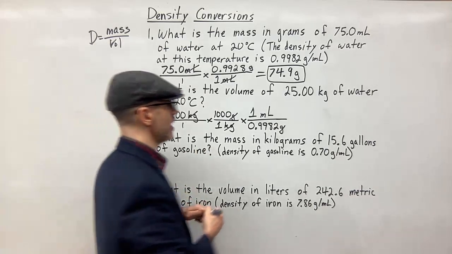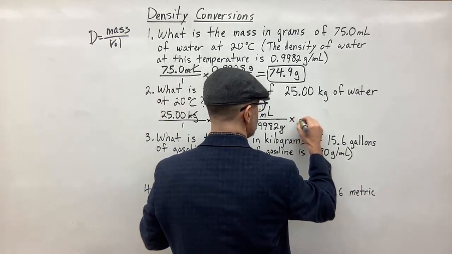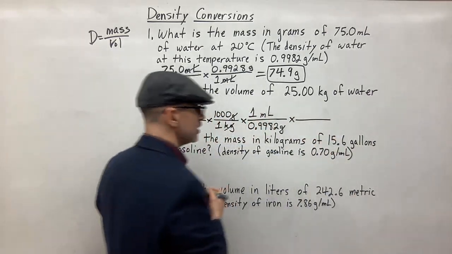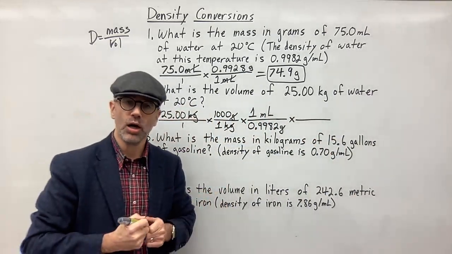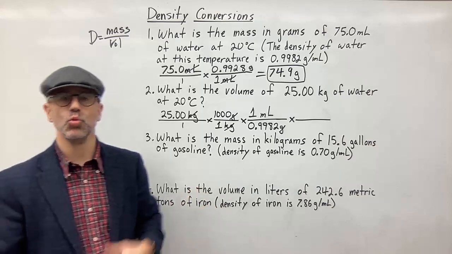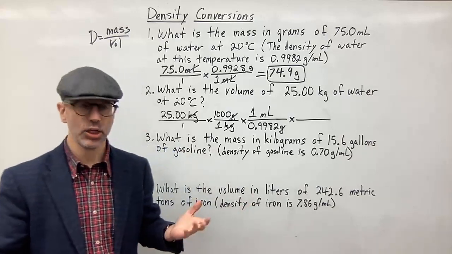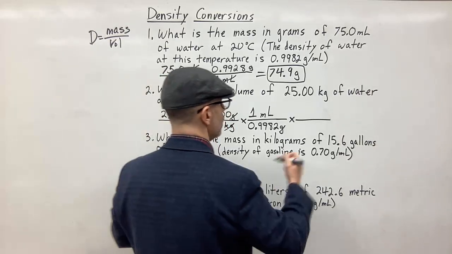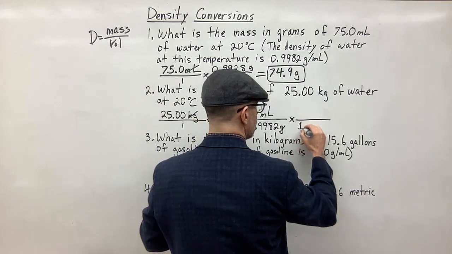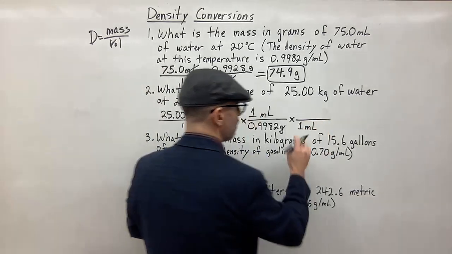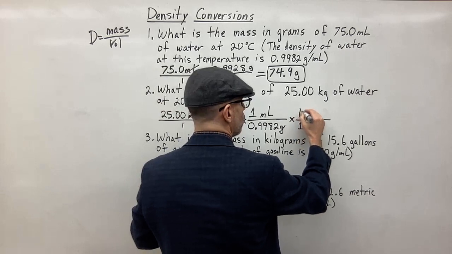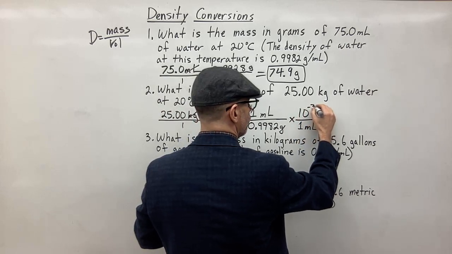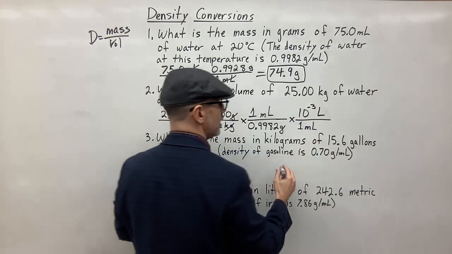So one more step. I know that 1,000 milliliters is equal to 1 liter, or 1 milliliter is equal to 1/1000th of a liter. Either one works. So I'm going to put 1 milliliter on the bottom, and I'm going to put 1/1000th, 10 to the negative 3 liters on top.